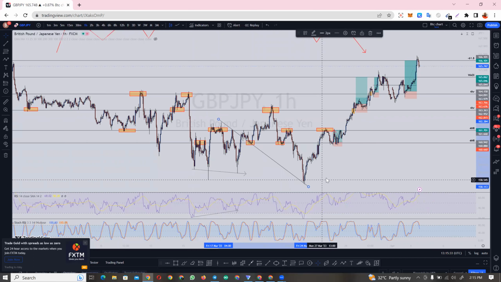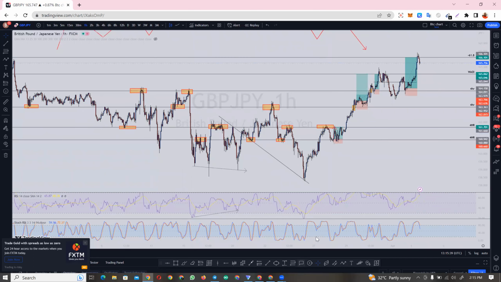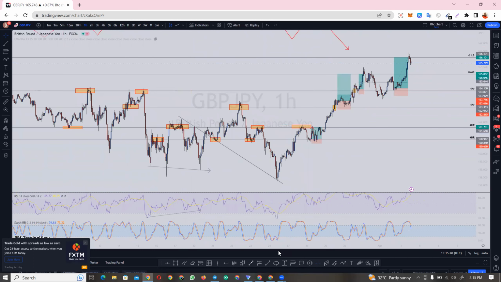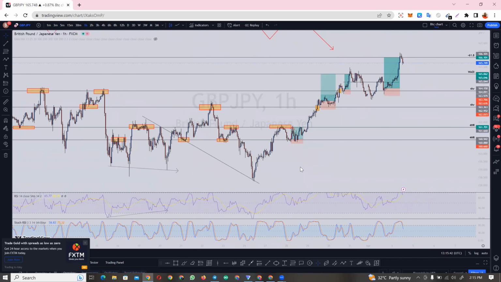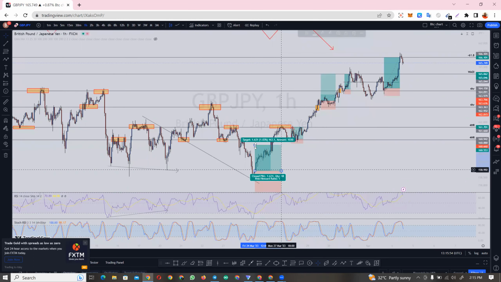This would have been a swing trade. If you had entered the trade here at this zone and put your stop loss below that candle, let me zoom in. So if you had entered this trade here, then okay, let me put my fib.